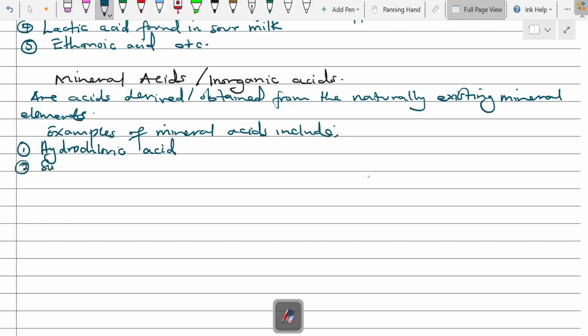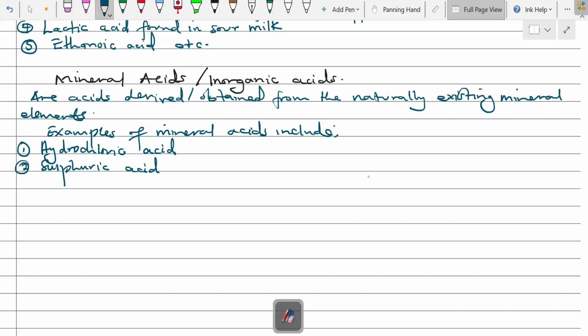We can have the second one, sulfuric acid. And this hydrochloric acid, it can also be found in animals. As you know that we have hydrochloric acid in the stomach, which is released together with the gastric juice. However, it is majorly obtained from mineral elements or compounds.